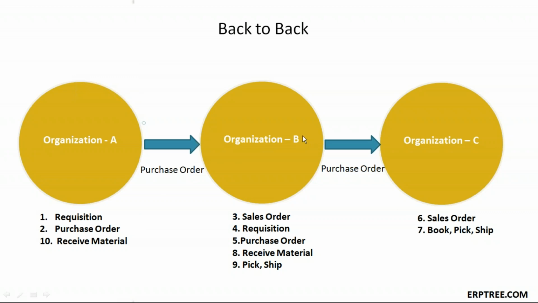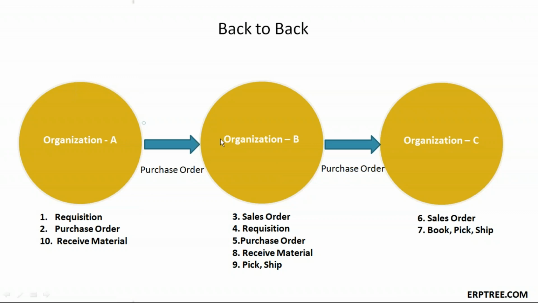Organization A's supplier is organization B. Once organization B receives this order from organization A, they'll record it in their books as a sales order. If they have stock availability within their inventory, they can ship the material to their customer, organization A. But the case is organization B never maintains stock within their warehouse.